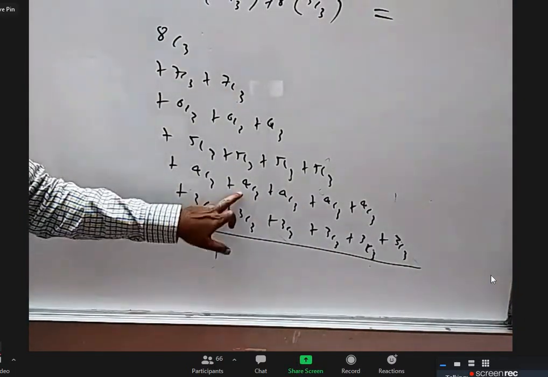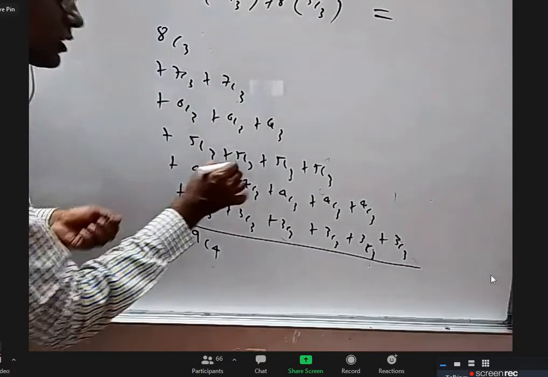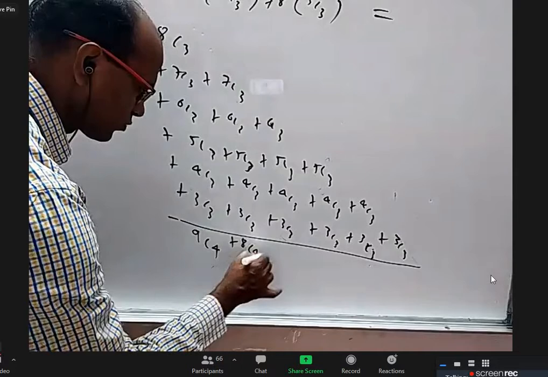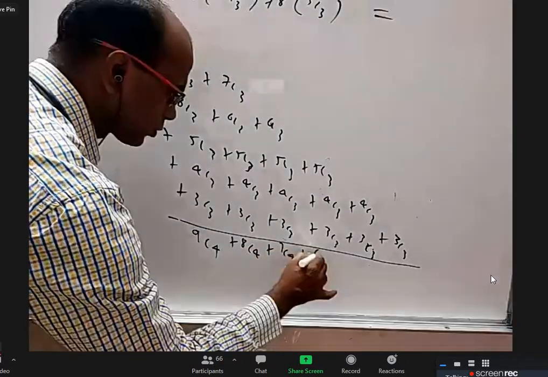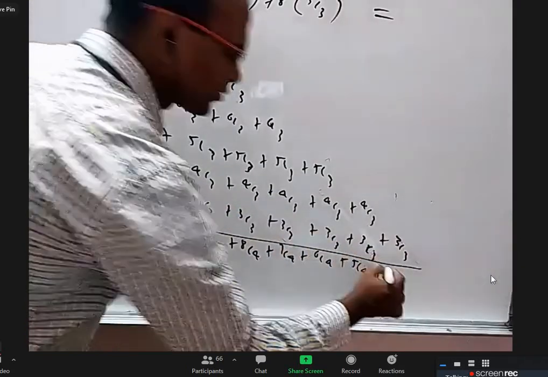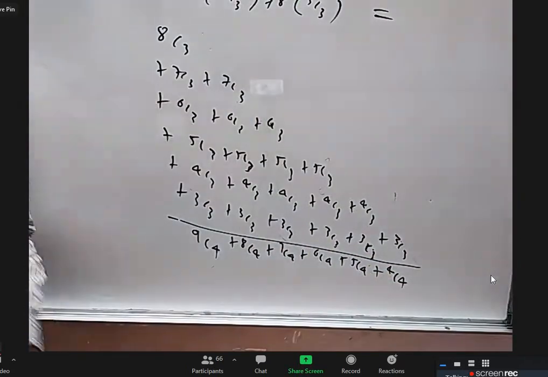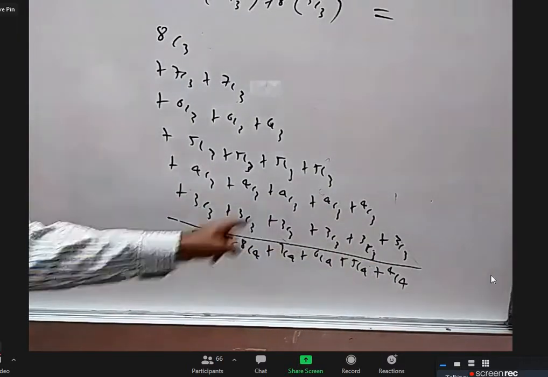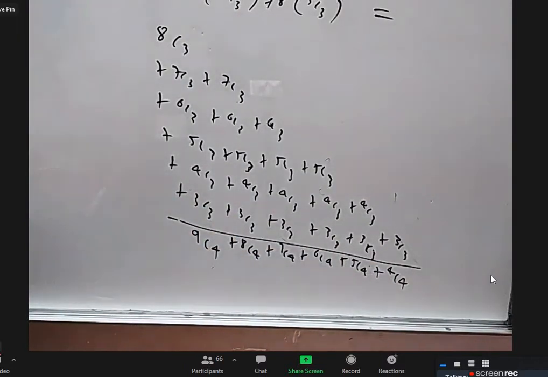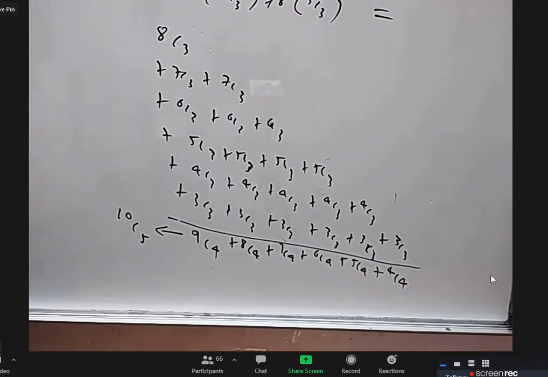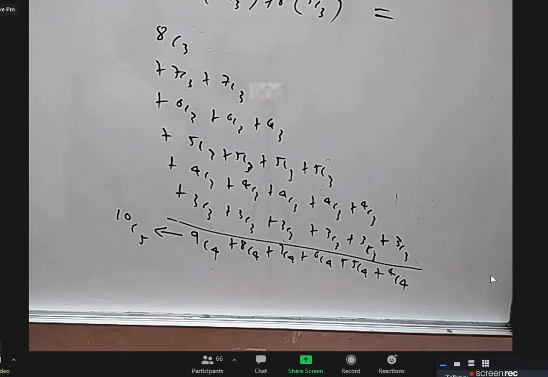What is 3C3 plus 4C3 up to 7C3 only? 8C4. Similarly, this is 7C4, this is 6C4, this is 5C4, and 3C3 I can even write as 4C4. Then 4C4 plus 5C4 plus 6C4 plus 7C4 plus 8C4 plus 9C4 is 10C5. So the answer is 10C5. That's it.